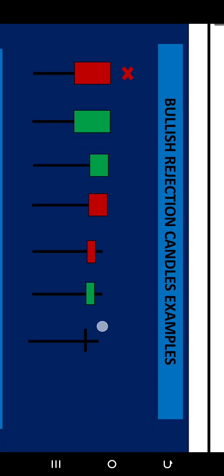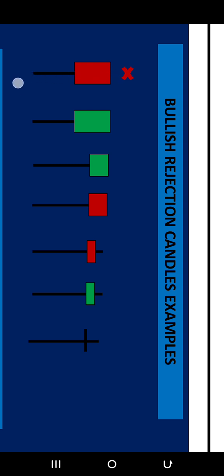Now look at this. Let's first try to understand bullish rejection candles. Can you see? This price initially opened at this high. It came down with a full body. When it enters into a fair value gap, let's assume there is a fair value gap at the low here, the function of the fair value gap is to reject price.